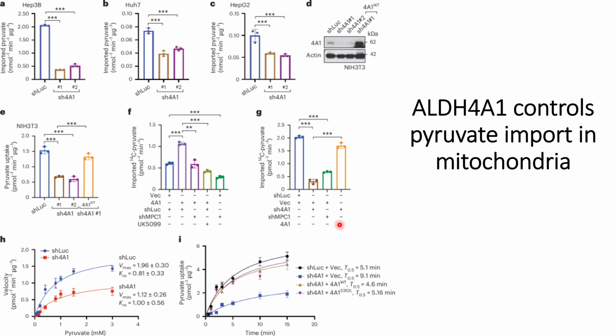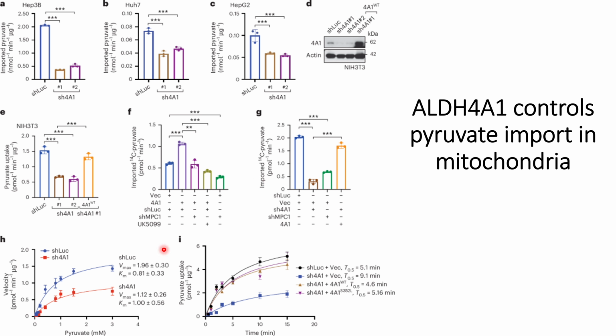But when they reinstate wild type ALDH4A1, they are able to see a regaining of 14C pyruvate function. So this indicates that ALDH4A1 has a role towards mitochondrial import, and it is dependent on MPC1.